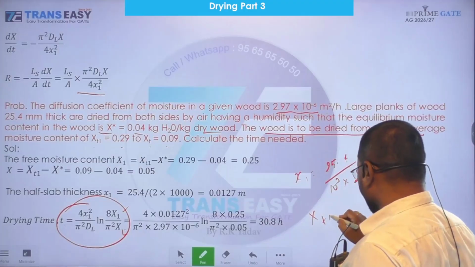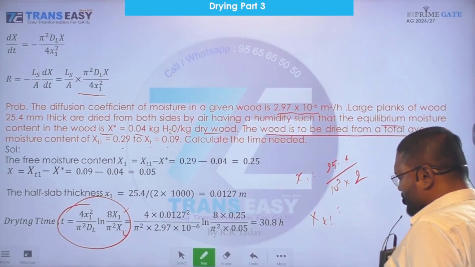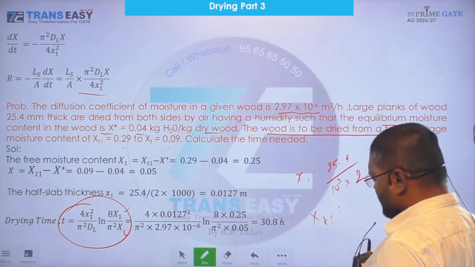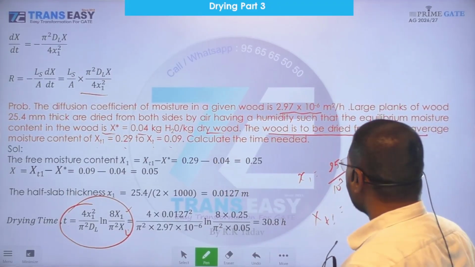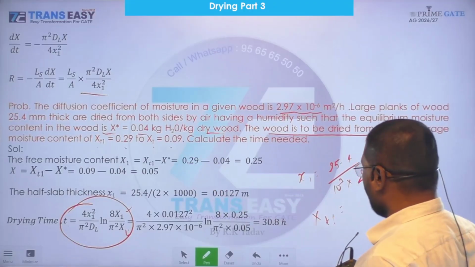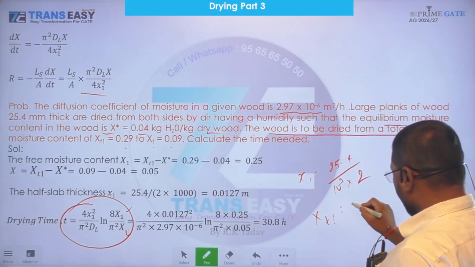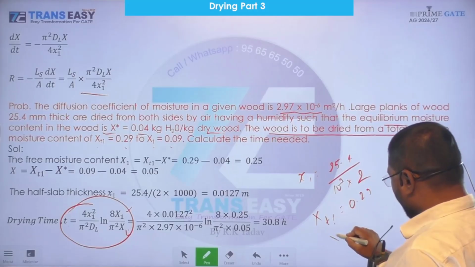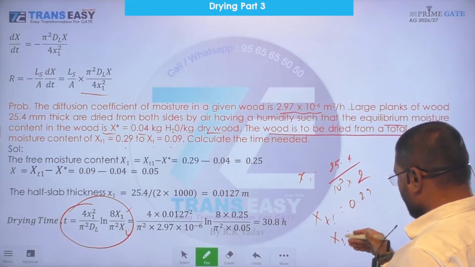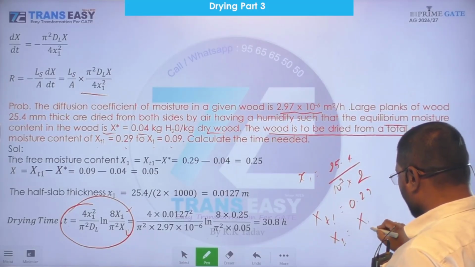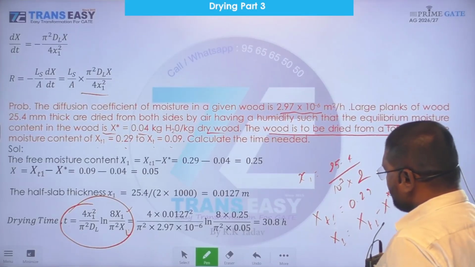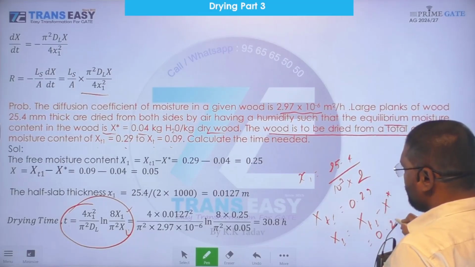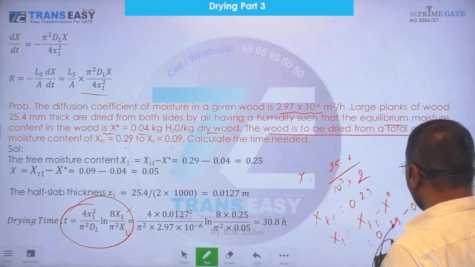xt1 is given. Total moisture content initially is given, right? This is 0.29. So we can calculate x1, the initial free moisture content: total moisture content minus equilibrium moisture content, right? 0.29 minus 0.04, right?